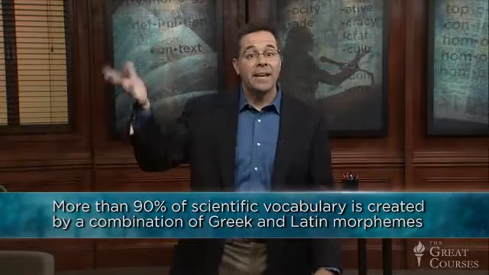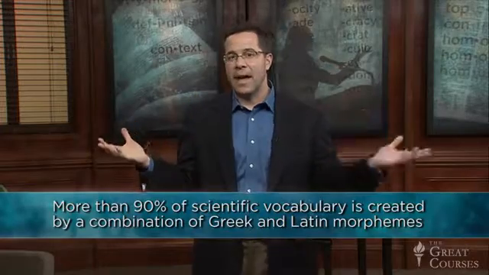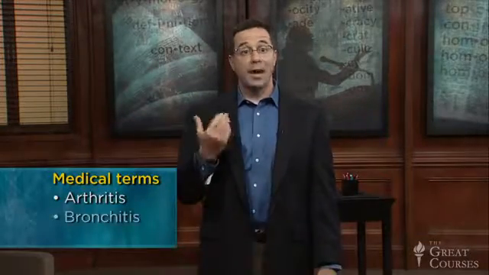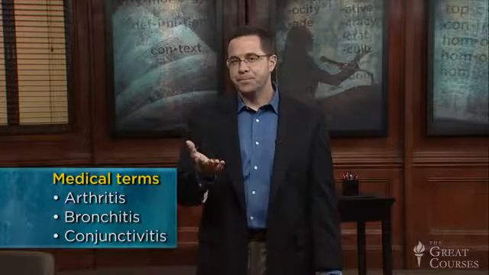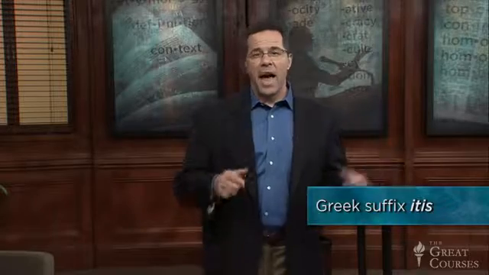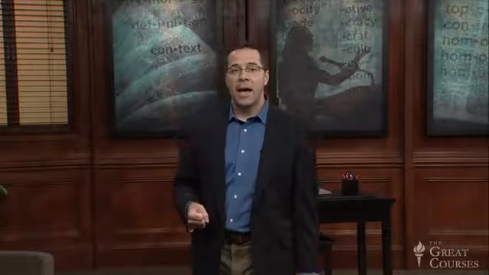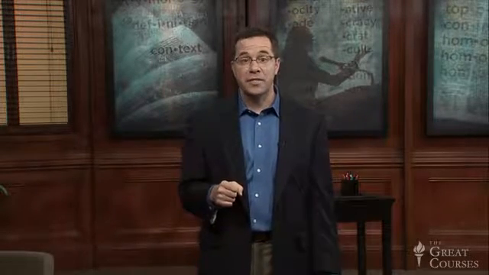Over 90% of our scientific vocabulary is created by a combination of Greek and Latin morphemes. Think of medical terms like arthritis, bronchitis, conjunctivitis, all of which include the Greek suffix itis. And think of other fields like law and the multitude of associated legal terms such as habeas corpus and amicus curiae. Think of how many vocabulary terms, concepts, and expressions in disciplines and fields like these come from Greek and Latin.